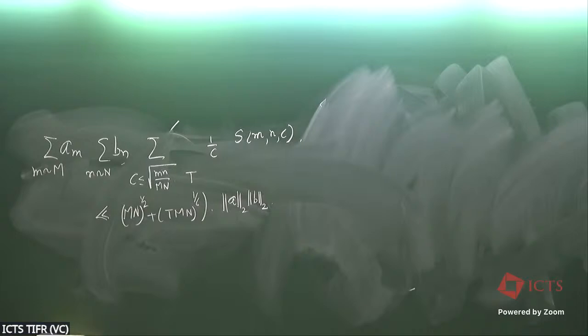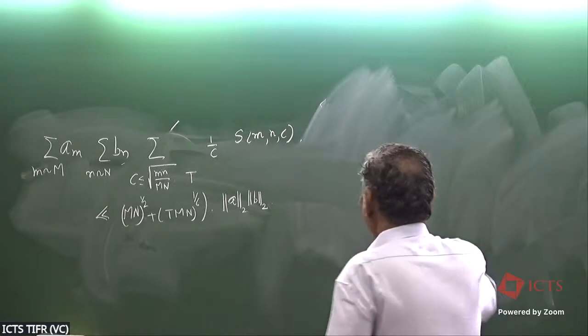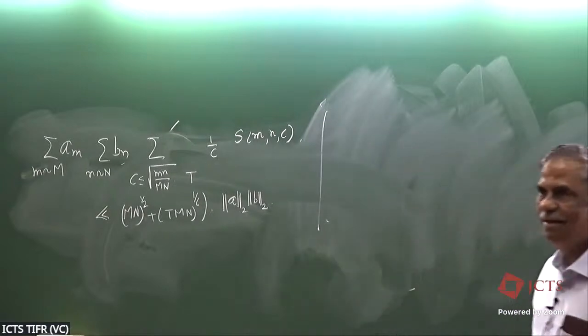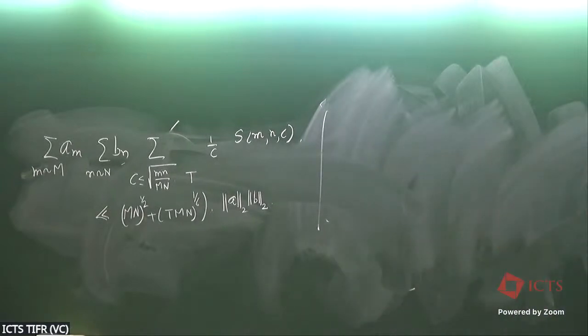And therefore, if you are in this situation, then you can actually use the average of these Kloosterman sums and then do much better. 1/6 is correct, no? Yes, 1/6.